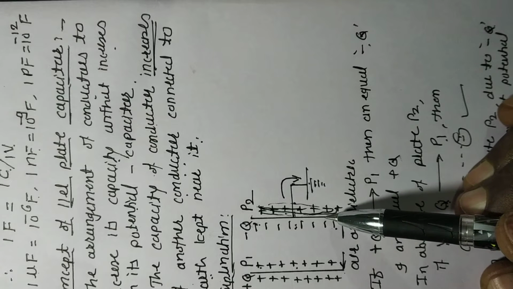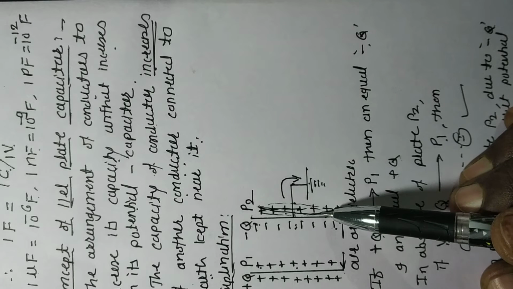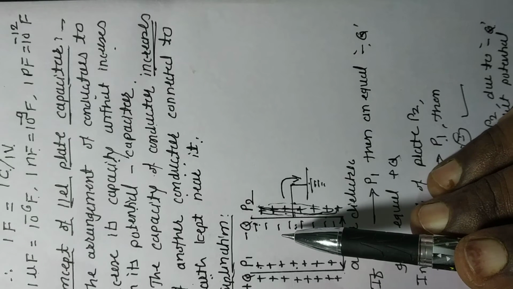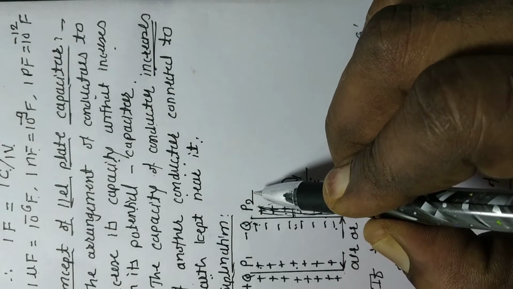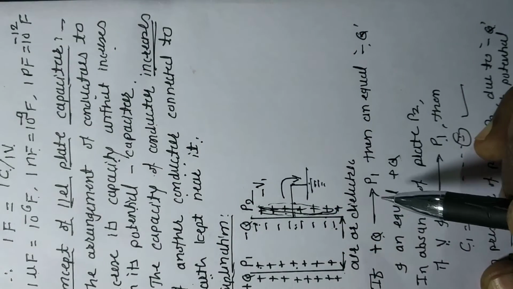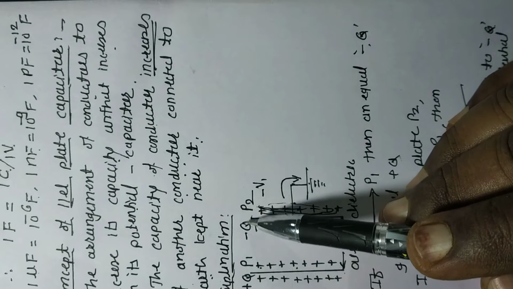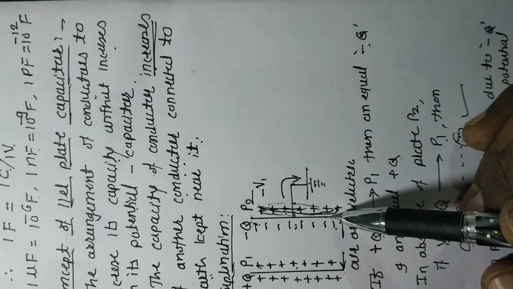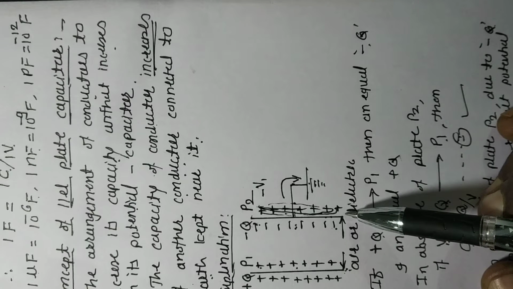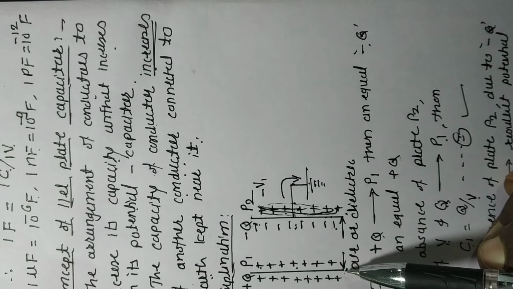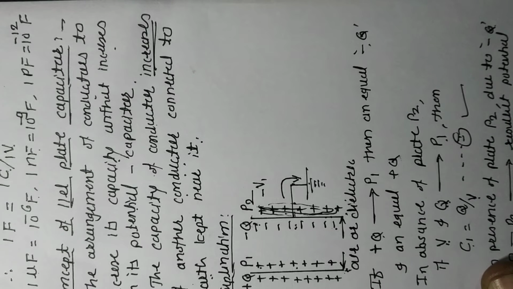But due to plate P2, potential suppose minus phi1 produced on plate P2, and hence resultant potential at P1 becomes phi minus phi1.